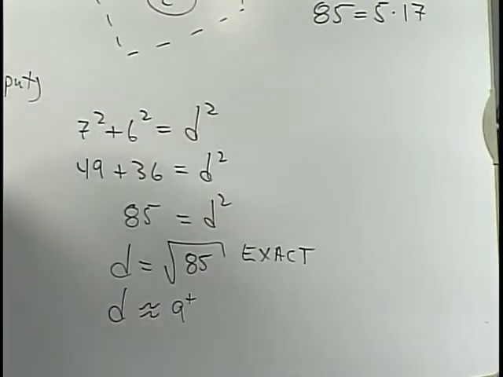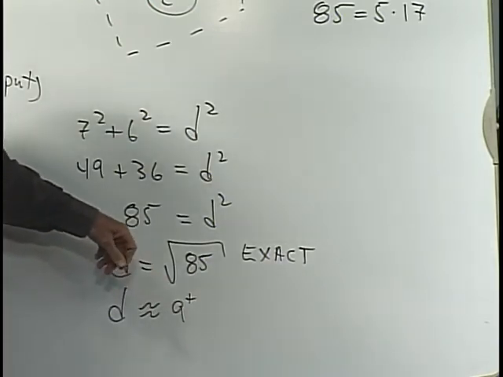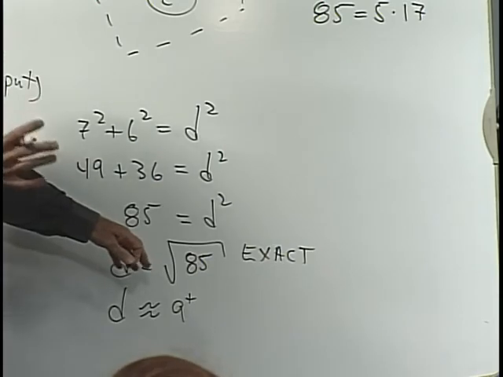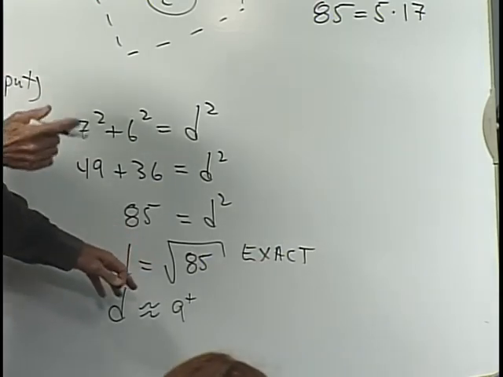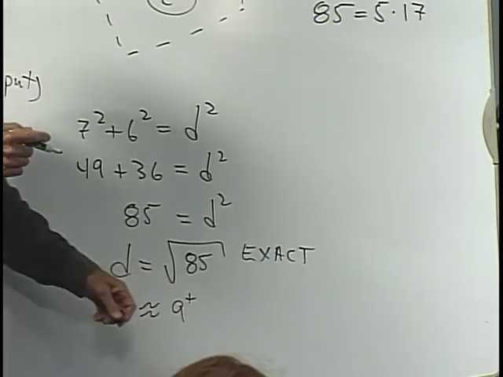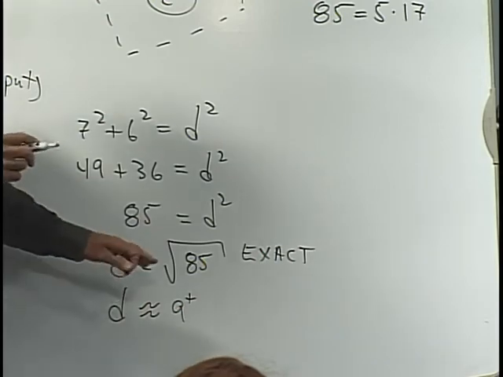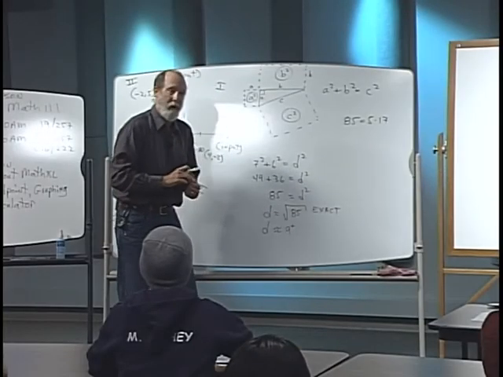And if you then punch your calculator and get something that isn't a little bit bigger than 9, you know something's wrong. So always try to use your brain before you turn that darn calculator on. Always use your brain first, please. So we're going to get an answer a little bigger than 9.